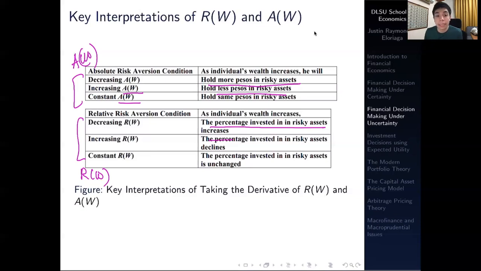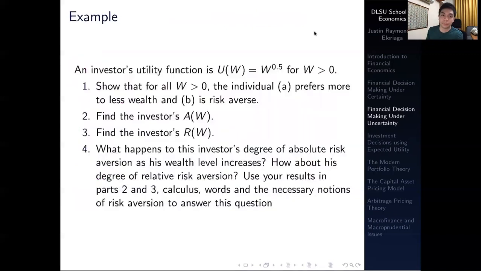Same goes if your RW is increasing: you would hold a lesser percentage in risky assets. If it's a constant RW, then the percentage invested in risky assets remains unchanged. So, pretty straightforward and simple interpretations.